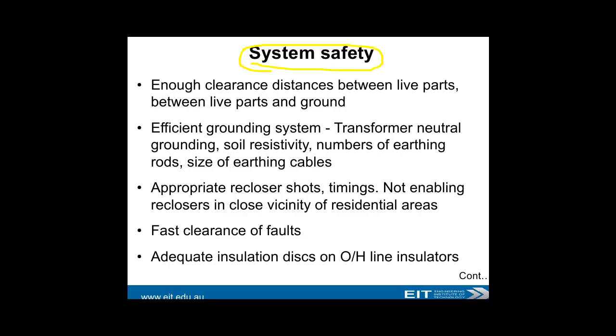System safety, very important. Efficient grounding system, clearance distances, appropriate recloser shots, timings, and fast clearance of faults. And obviously, not to be forgotten, insulation discs, the right number, and the right type on your overhead line insulators.